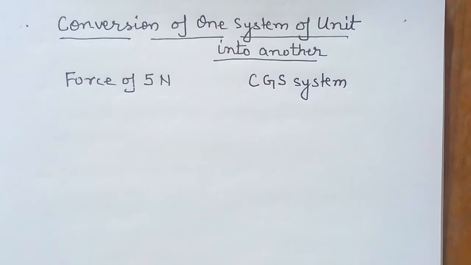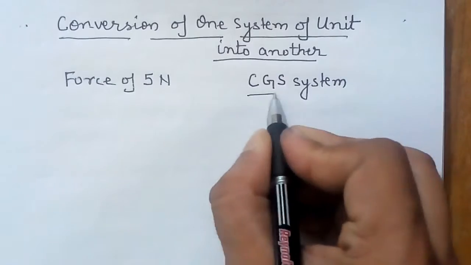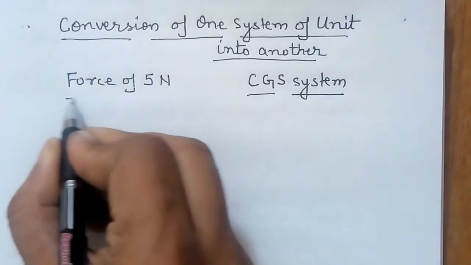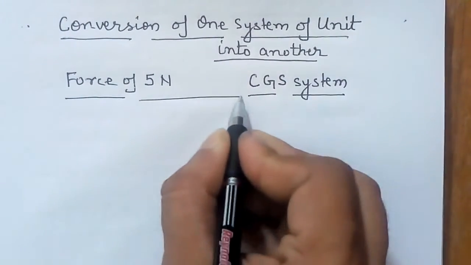So the given physical quantity is force whose value is given as 5 Newton. That means the first system is our SI system, and the second system in which we have to convert is the CGS system. So we write certain terms.